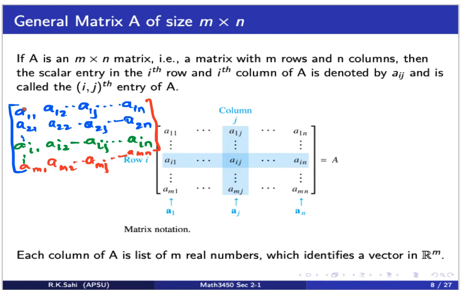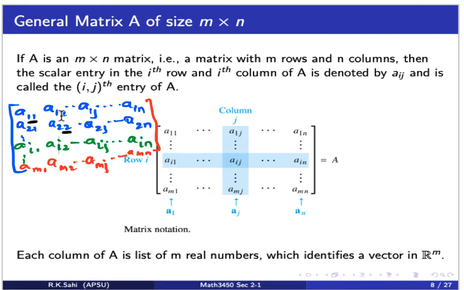Notice the diagonal elements are also very amazing here. We start from the top left and go to the bottom right: A11, A22.